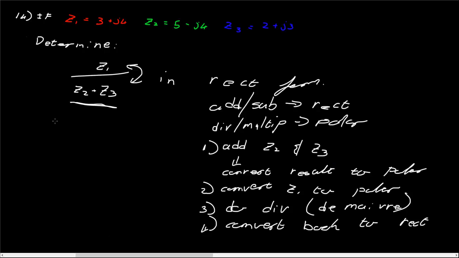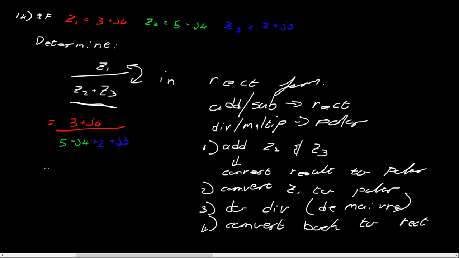So this is equal to, let's sub in, 3 plus j4 all over Z2, which is 5 minus j4, plus Z3, which is 2 plus j3. Okay, so let's do the addition at the bottom. As I said, that's our first step.